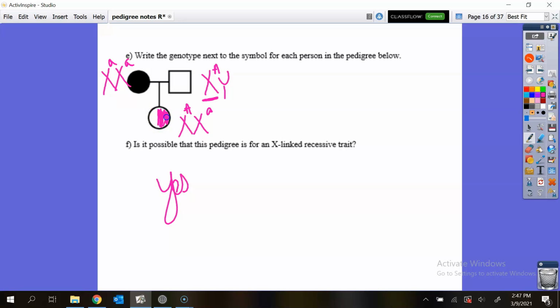Sometimes they do, but sometimes they don't, because their real job is just to shade in the individuals affected by the trait. So in this case, the daughter would be a carrier, but she would not have the trait or display the trait. But this mode of inheritance could fit an X-linked recessive trait inheritance pattern.